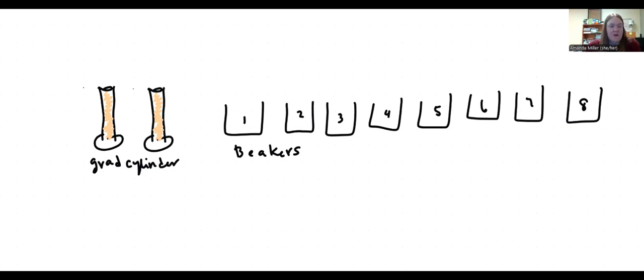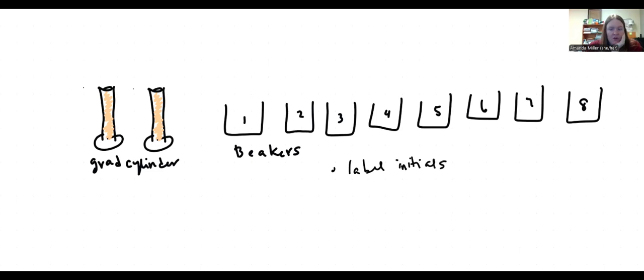So we fill up our graduated cylinders, we do those mass weighs, and we record them in our data tables in our lab notebook, and nowhere else, just the lab notebook. Then we will take our clean labeled beakers. By the way, with labels, we want to put your and your partner's initials on them when we put them in the oven so that nobody steals them.